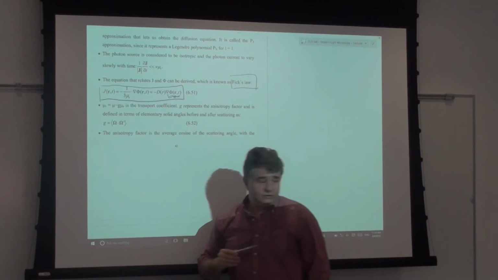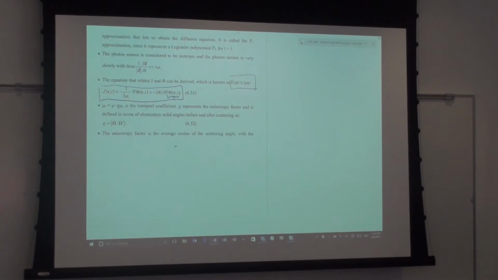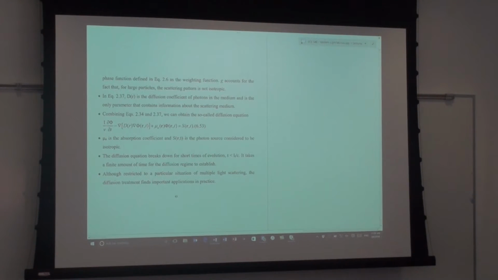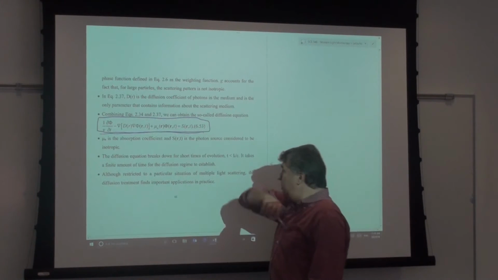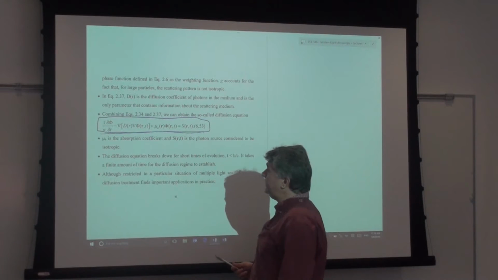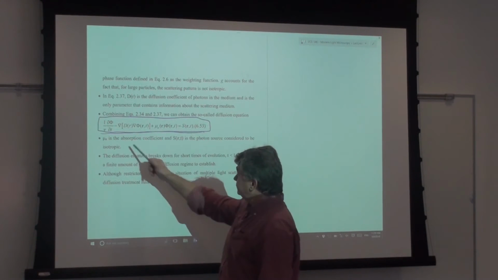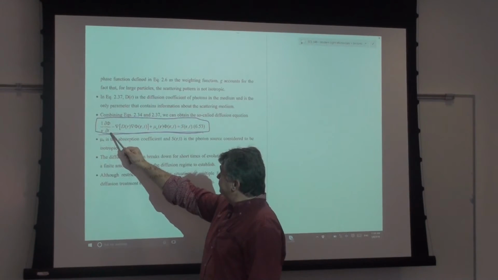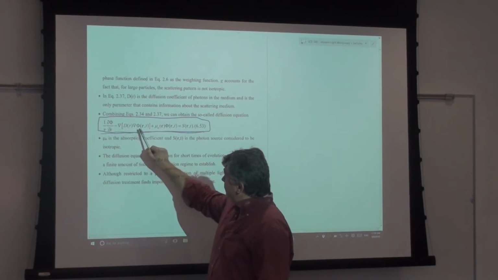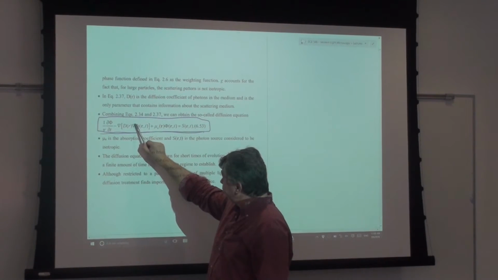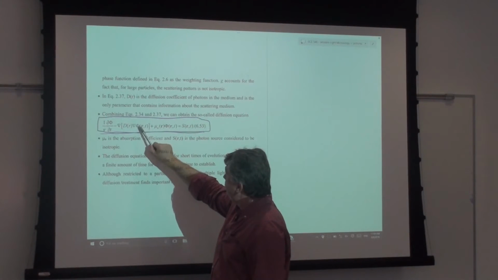And once you do this, you can decouple these two unknowns, J and phi, and solve for both of them. And basically you end up with this. So there is no more J separately, you see. This is a diffusion equation. So let's see what it means. d phi over dt equals, look at this, this is the divergence of D times the gradient of phi.